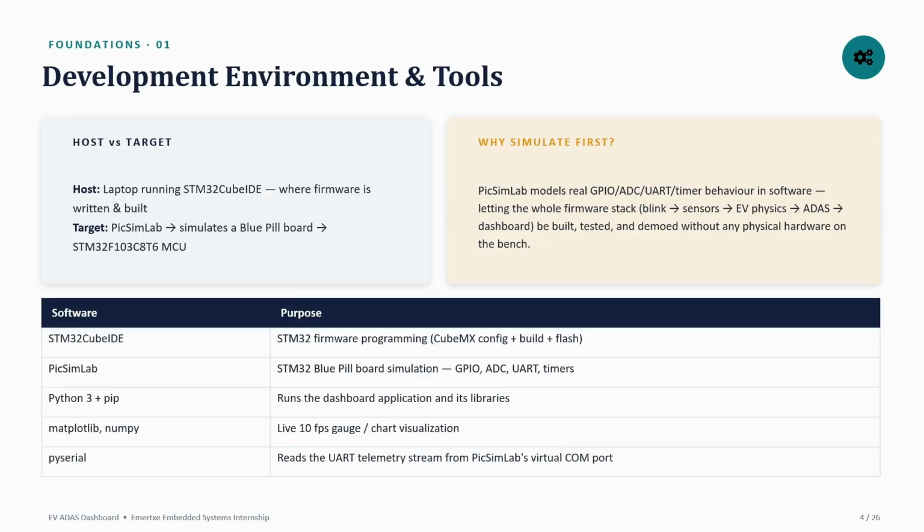One fair question is why we use simulation instead of running directly on the hardware platform. The best reason is to practically and theoretically ensure that our project is running smoothly.